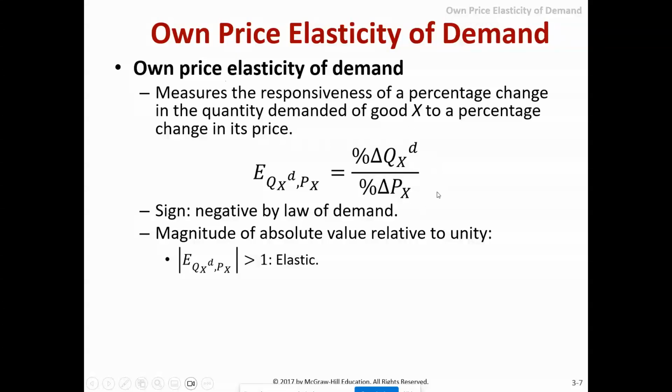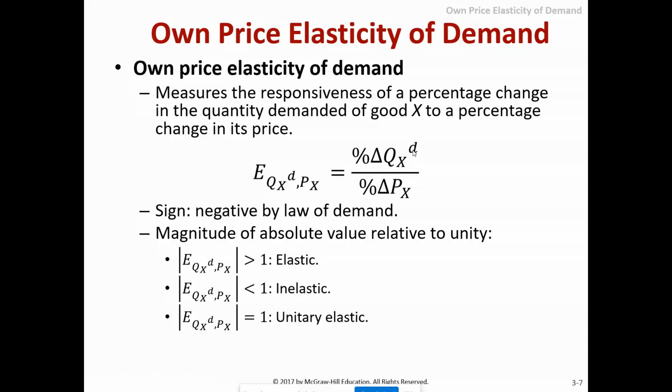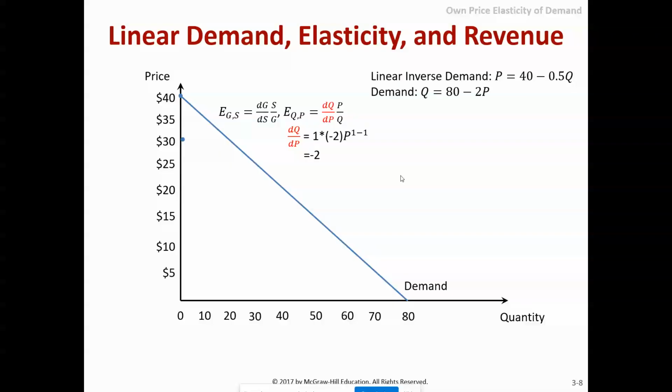If it's smaller than 1, it is inelastic: a 1% increase in price leads to less than a 1% decrease in quantity demanded. If it equals 1, a 1% increase in price leads to exactly a 1% decrease in quantity demanded. It's called unit elastic.